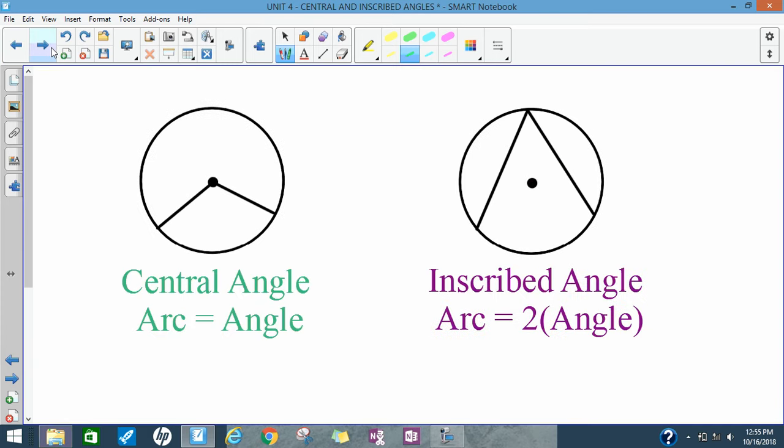So a couple special types of angles that we see in circles are pictured here. The first one is called a central angle. It's called a central angle because it has its vertex at the center of the circle. And if we are talking about this angle, that angle intercepts an arc of the circle, and that intercepted arc is right here.